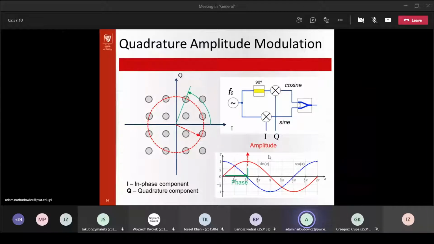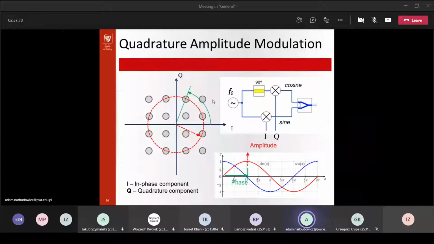So with that in mind, if you think about what you can see here, this would be called a 16 QAM modulation. The reason being, you have 4x4, so 16 points, and the points differ in both phase and amplitude, right? That's quite clear.